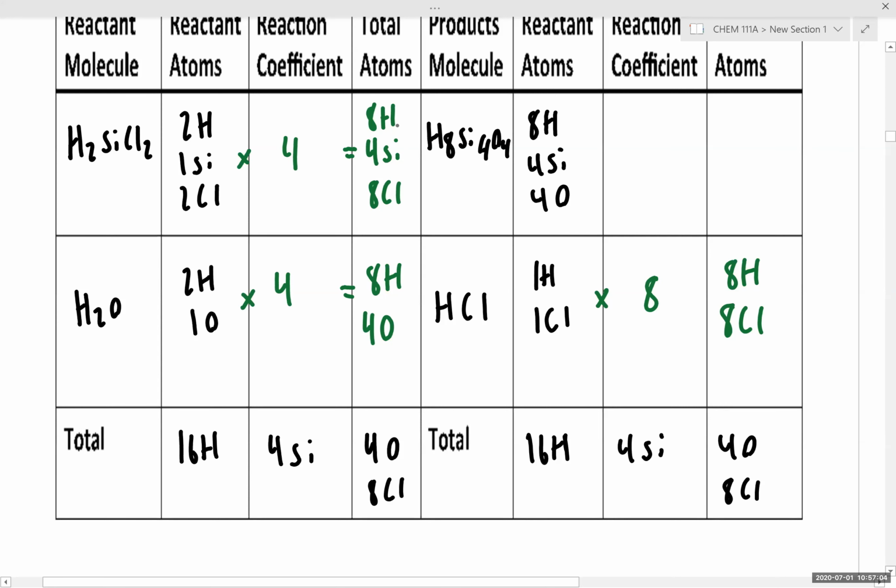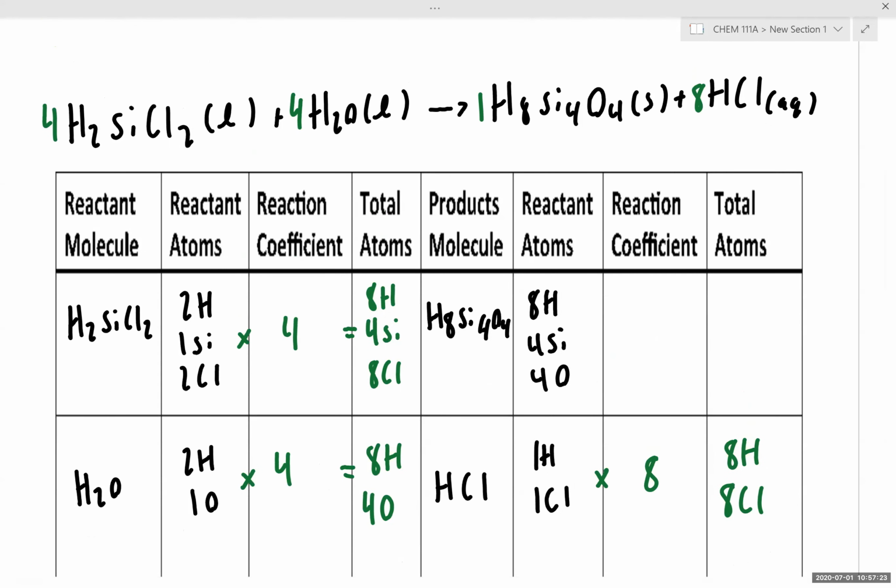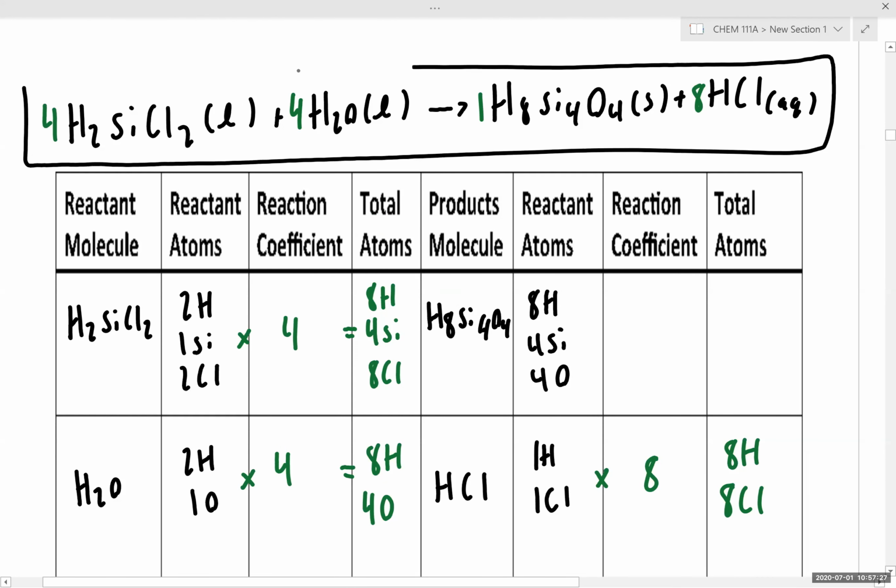I'm just reading off from my total atoms from each of my reactants and products. And as I can clearly see, my number of atoms of each element are balanced in this chemical equation. So we now have a complete balanced chemical equation, and we've verified that this equation is balanced.